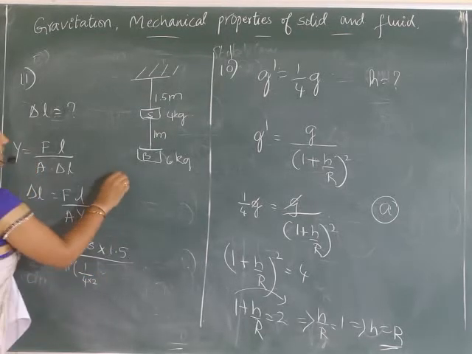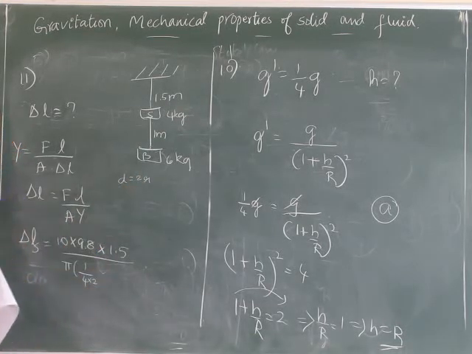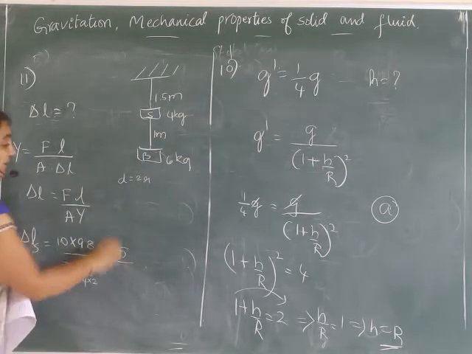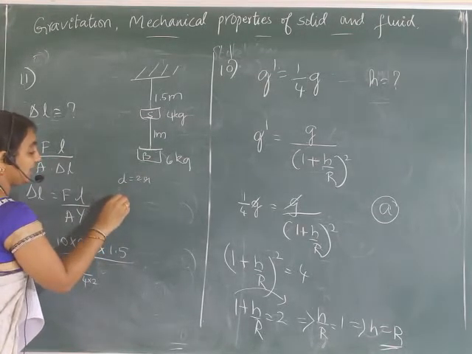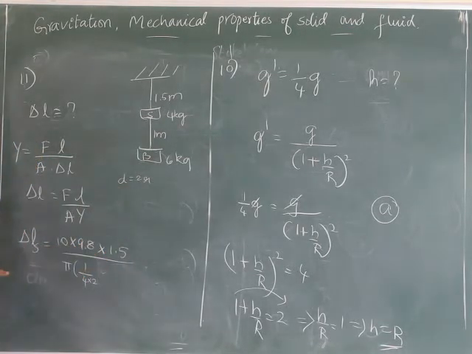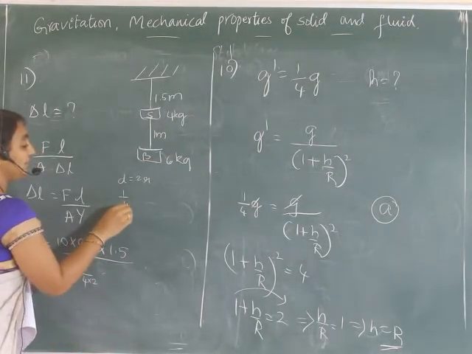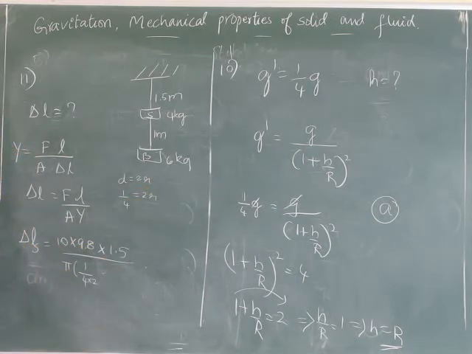Because diameter is nothing but twice the radius. Radius is diameter by 2. Diameter is 0.25, it is given. For solving the problem it will be easy if instead of 0.25 I write 1 by 4. 1 by 4 is equal to 2r, or 8.